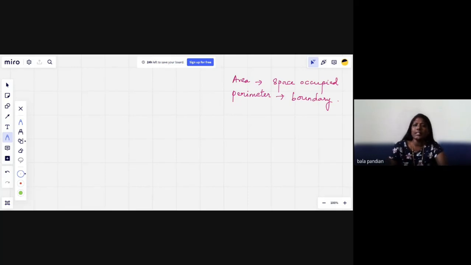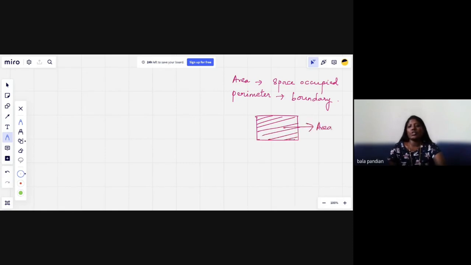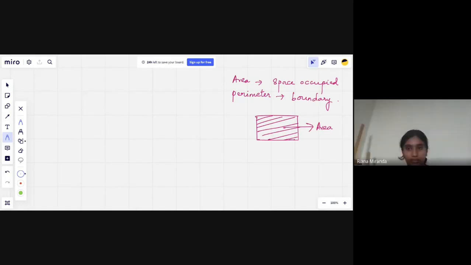So in simple terms, what an area is and what a perimeter is. If I take the shape rectangle, the inner lines that I'm drawing, these lines which completely cover that figure, you call it the area. So the space inside the shape is called area.